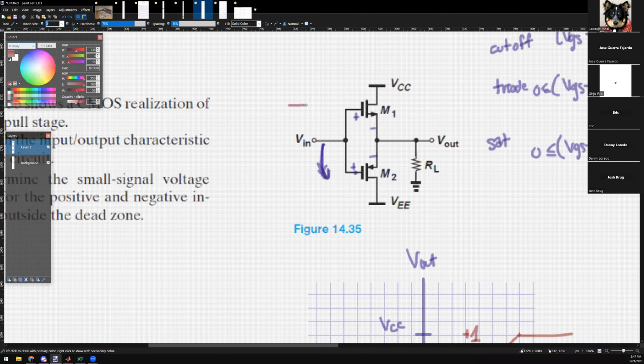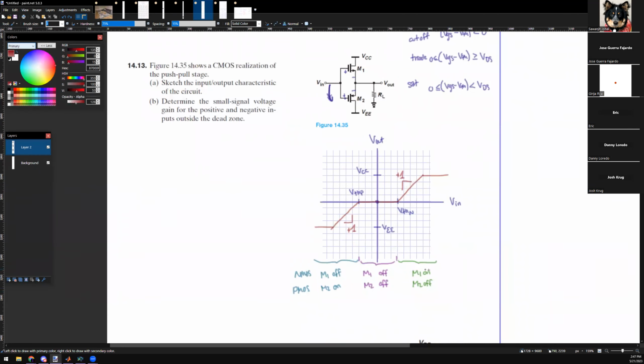As soon as Vn goes below the threshold, you're off. But if you go below the threshold, you want the bottom guy to turn on. In other words, when you say that one is on, it's actually in saturation. And you want to extend saturation because you always want at least one FET on.